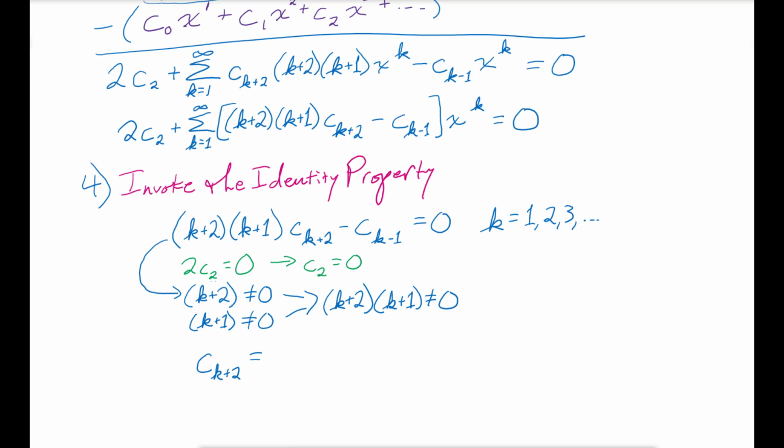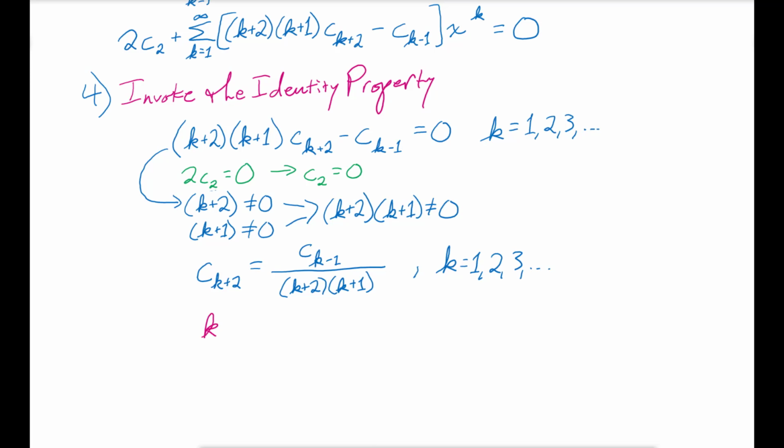I can do that by adding c sub k minus 1 to the other side of the equal sign, and then dividing by the quantity k plus 2 times the quantity k plus 1. And again, k can still be 1, 2, 3, and so on. So let's take a look at what happens when we plug in some of these values of k.